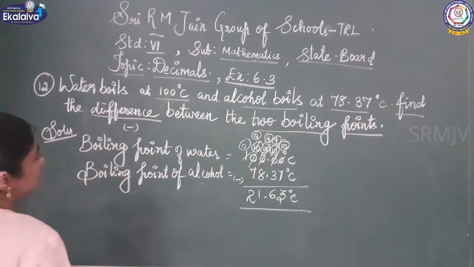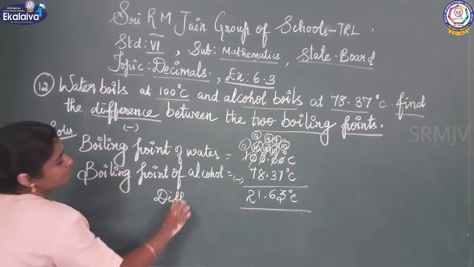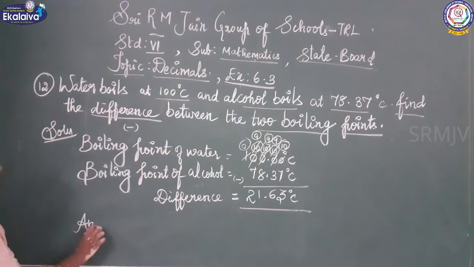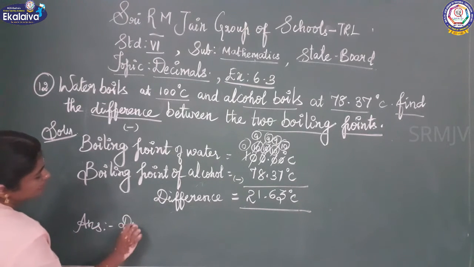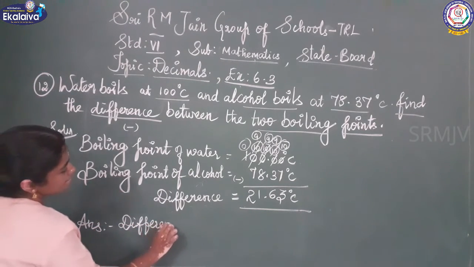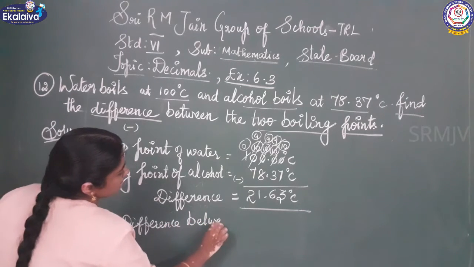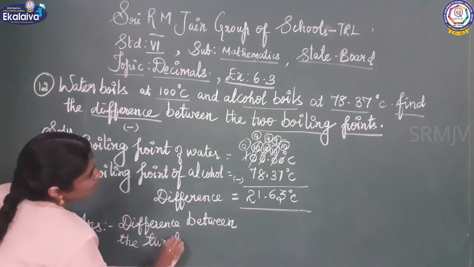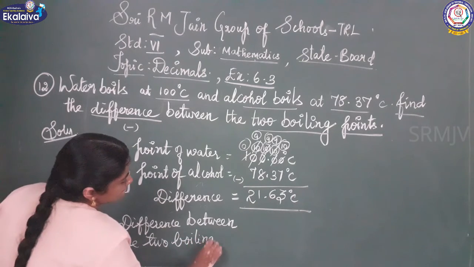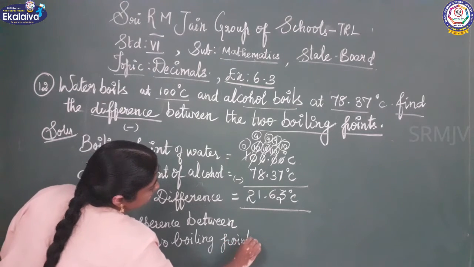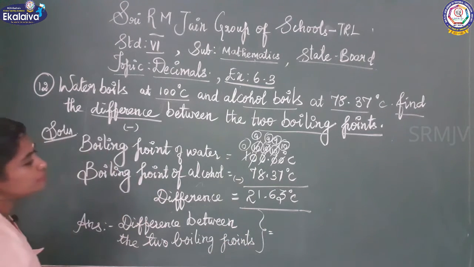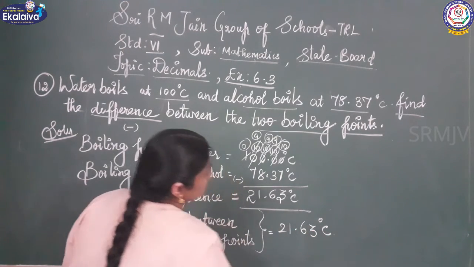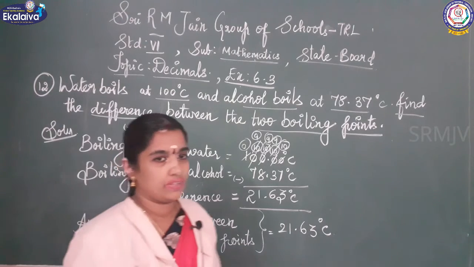So this is your difference. Now I am going to write the answer for this. Difference between the two boiling points is equal to 21.63 degree Celsius. Thank you, children.